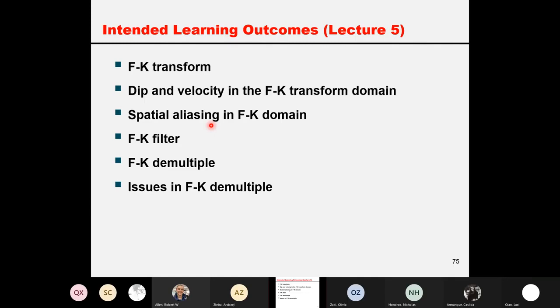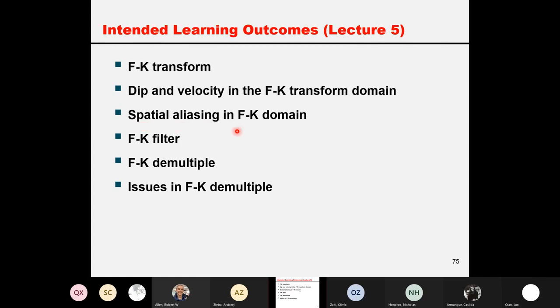Remember the formula K equals F multiplied by the dipping angle. So it depends not only on delta K, but also on F. Not many people notice that, but you can see the trend here.